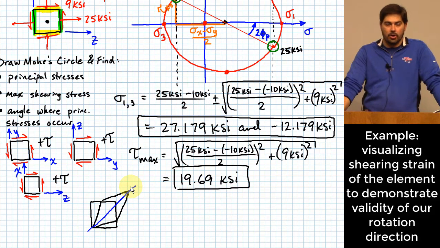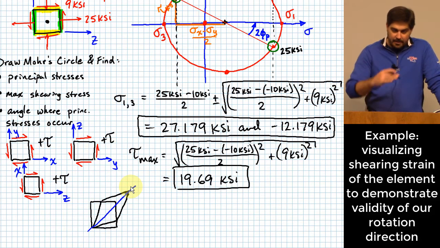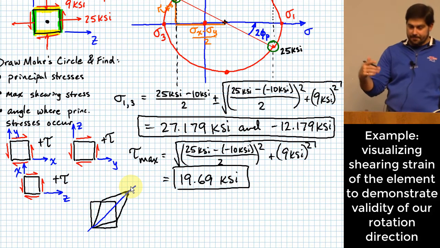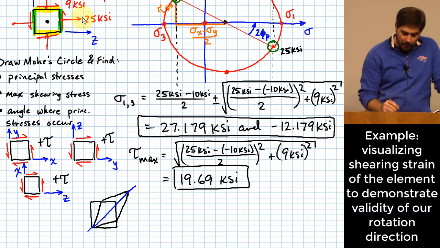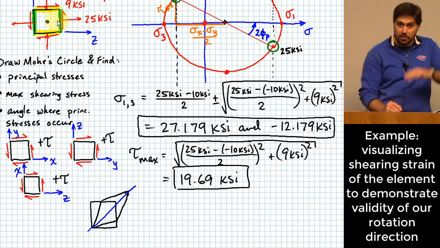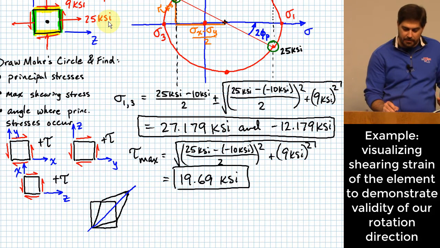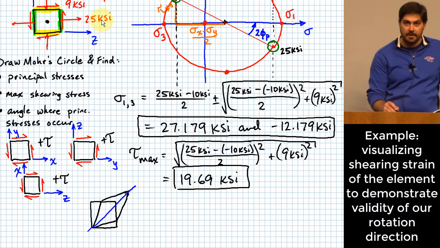Did it get longer or shorter? Okay, it got longer. So it makes sense to me that if we had no shearing stress, where we would have our maximum tensile normal stress would be along this 25 KSI axis.